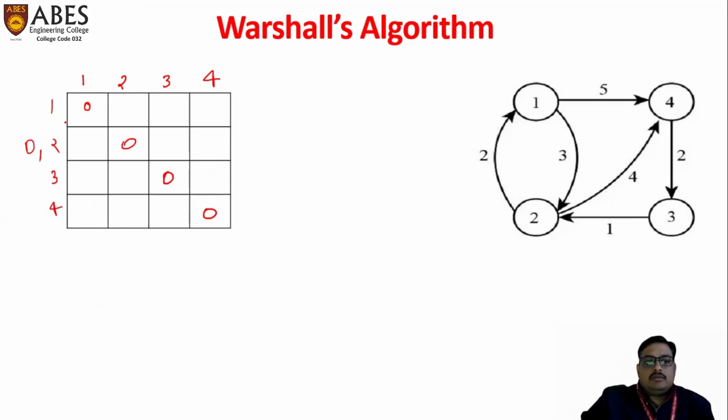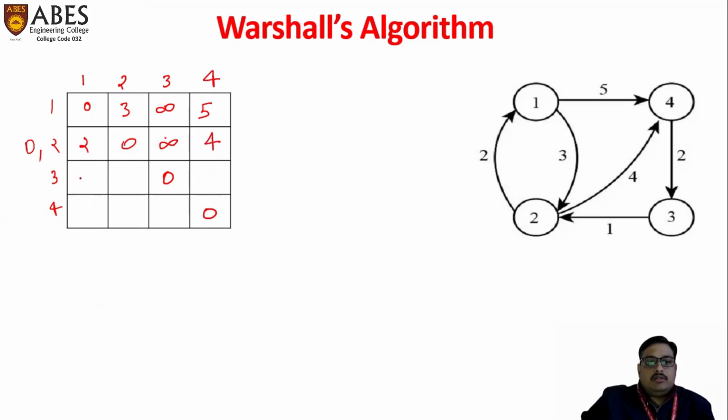And now the value of 1 to 2 is 3. 1 to 3 is infinity. 1 to 4 is 5. 2, 1 as 2. 2, 3 as infinity here. Then 2, 4 is 4.